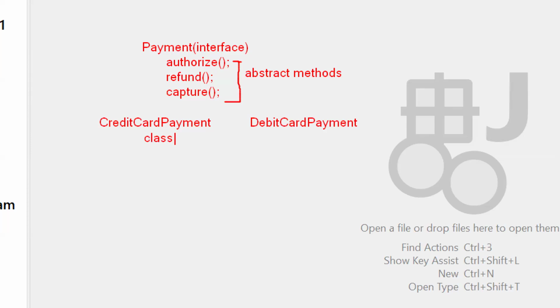Similarly, debit card payment is also one implementation class, which means the credit card payment class implements the payment interface. The debit card payment class also implements the payment interface, which means these two classes must override the three abstract methods: authorize, refund, and capture.